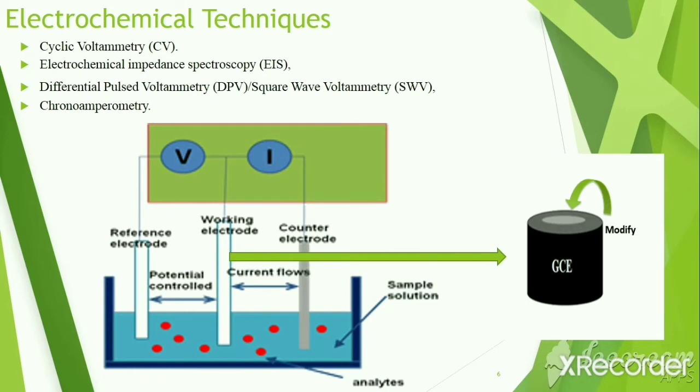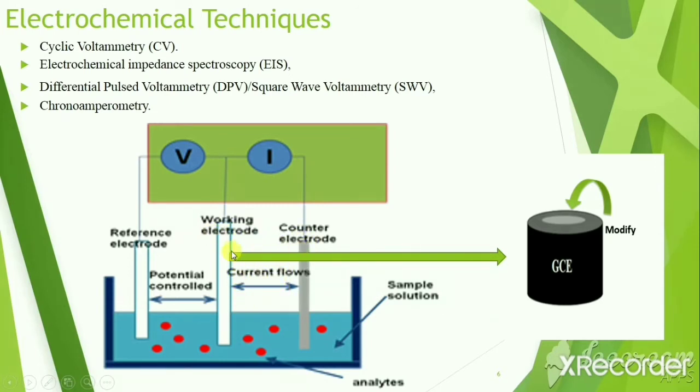Basically, in the laboratory we use a similar 3 electrode system. So as you see here, the role of the reference electrode is to maintain a constant potential between the working electrode and the reference, and the counter has a very important role to close the circuit and to flow the current between the working electrode and the counter.